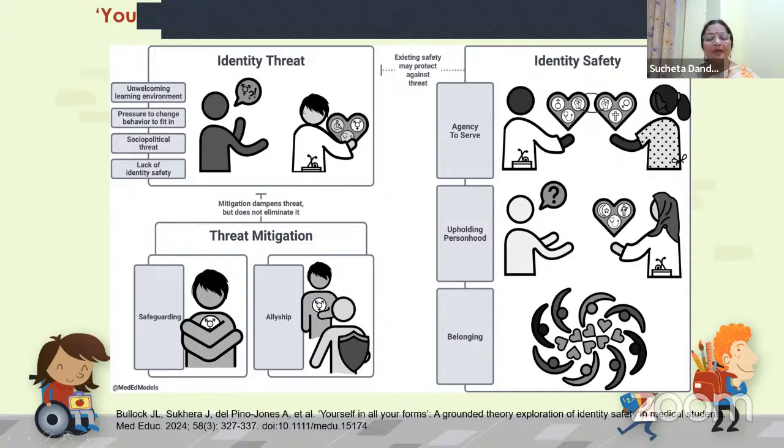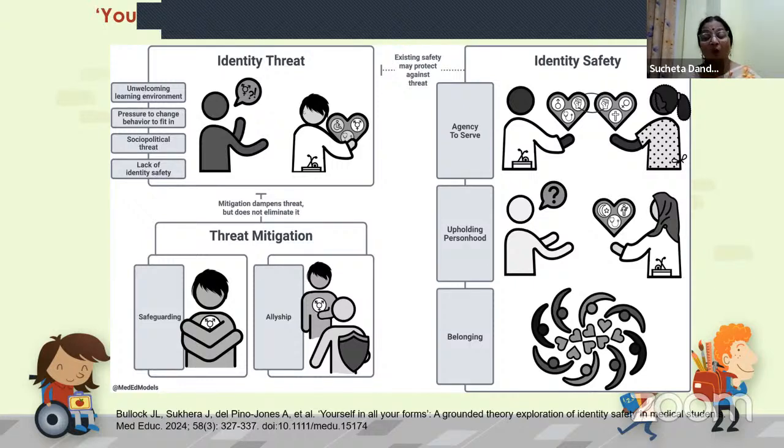And this paper, which is a very recent one, from 2024 in Medical Education, talks about agency to serve, where you leverage one's identity to serve the patients. It talks about upholding personhood. It talks about noticing others and upholding what they stand for and not really making them change.